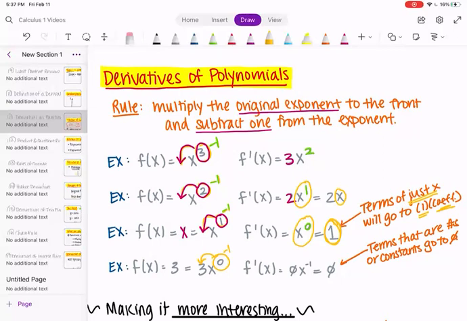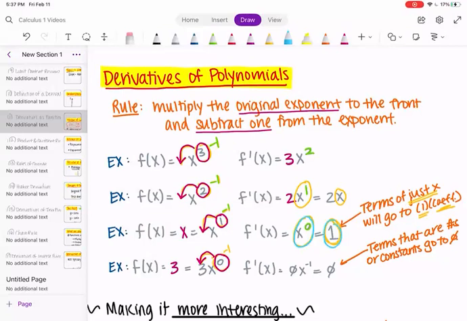The last case I want to look at is where it's just a constant. If I was going to take the derivative of just a constant, like the number 3, that's the same thing as saying 3x to the 0, for the same logic we talked about up here. x to the 0 is just a constant.